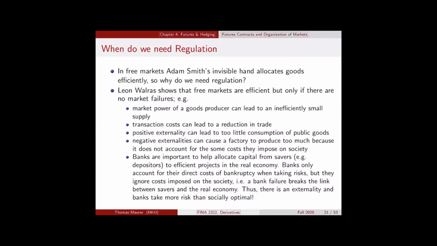And then we also have examples of positive externalities which can lead to too little consumption of a good. And positive externalities are associated with public goods. For example, you can think of fireworks. If I buy fireworks because I like to watch them, then for me the trade-off of how much it costs to buy a firework and how much happiness I get from it maybe will lead me to just buy a little bit of fireworks.